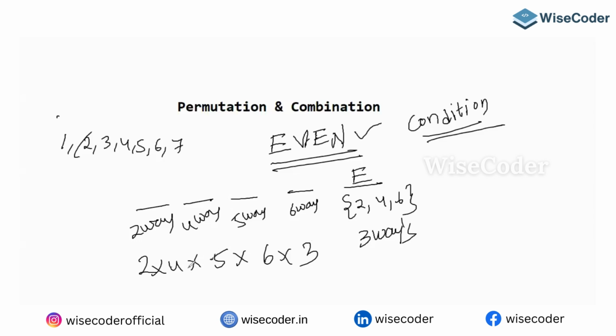Let me multiply this. 8 and 30. 8 3s are 24. So 2240, no?